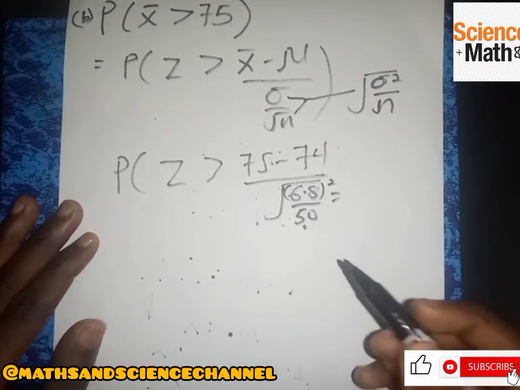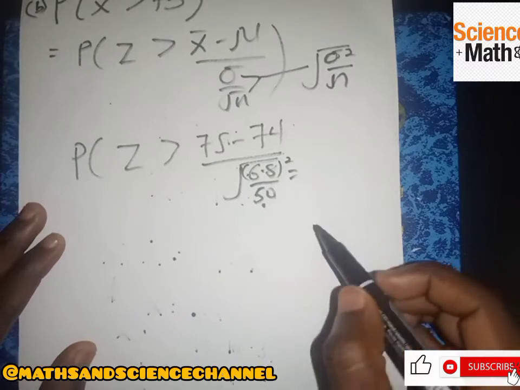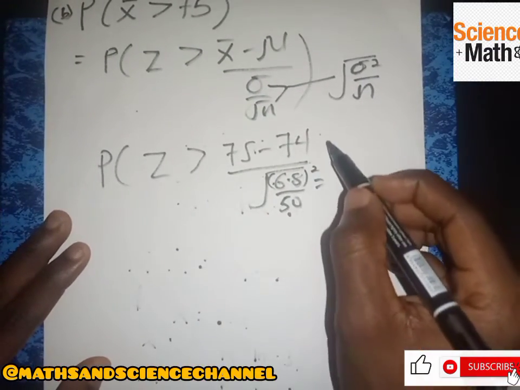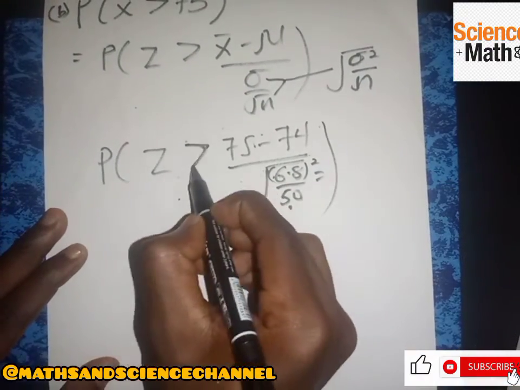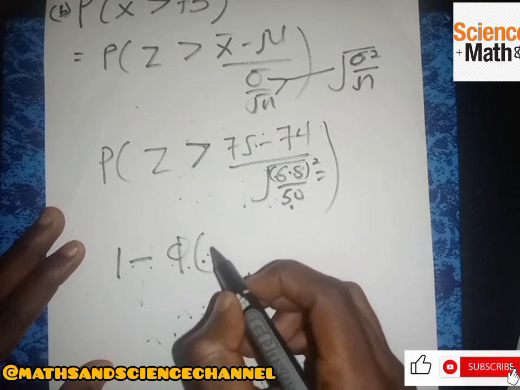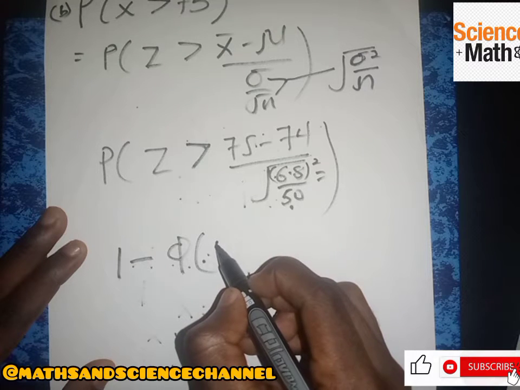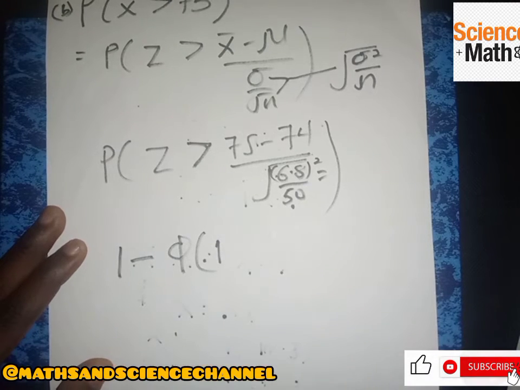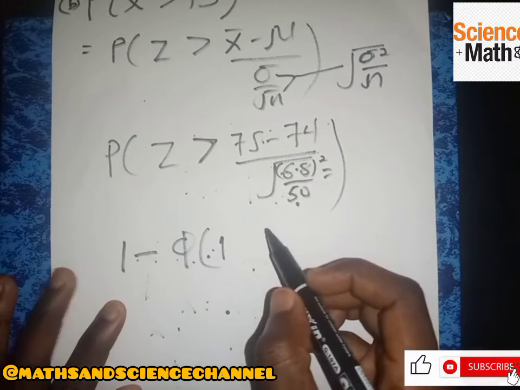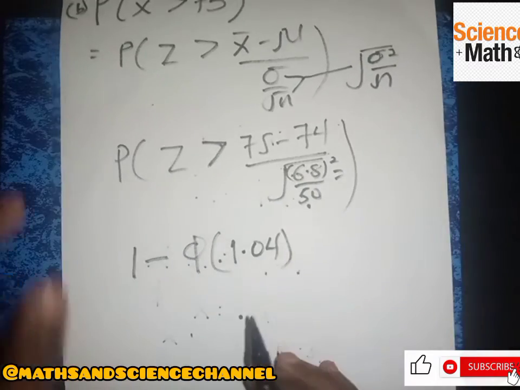Doing this, remember it is greater than, so it becomes 1 minus the Phi of computing the whole of that, and then we get 1.04 here.